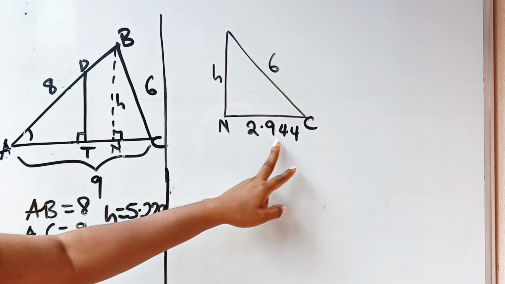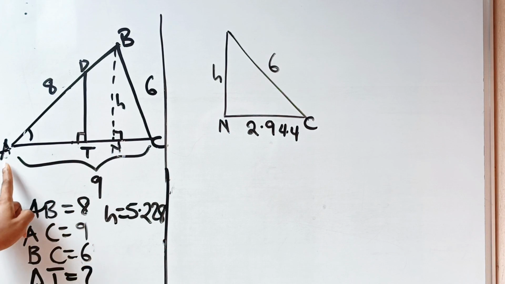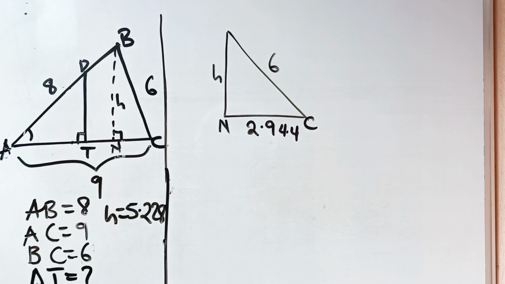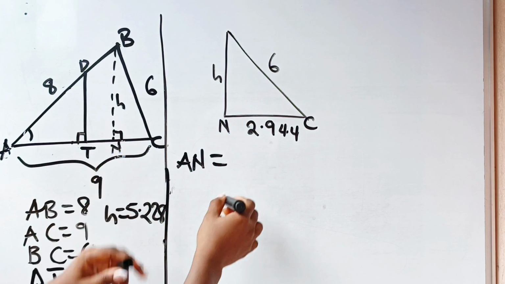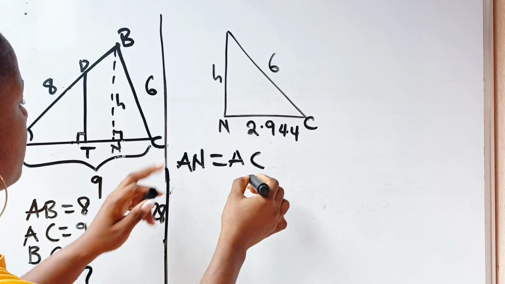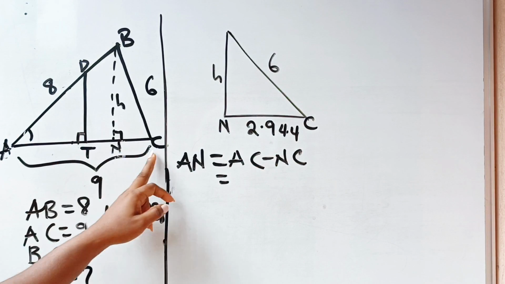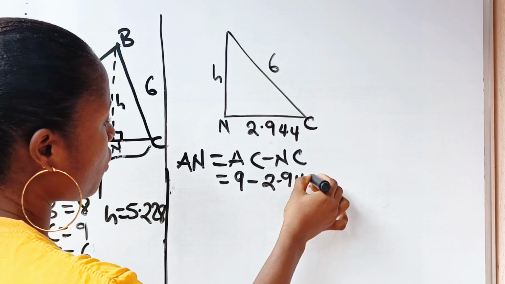Because NC is 2.944, remember that our intention is to get AN. Now, to get AN, remember that AN is equal to AC minus NC. So this is equal to our AC, which is 9, minus 2.944.